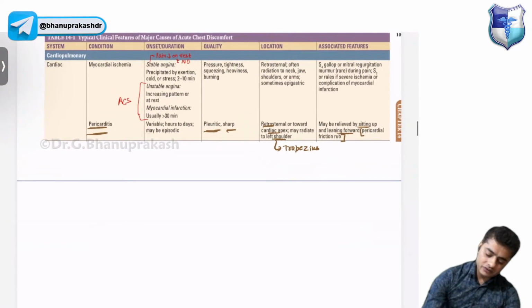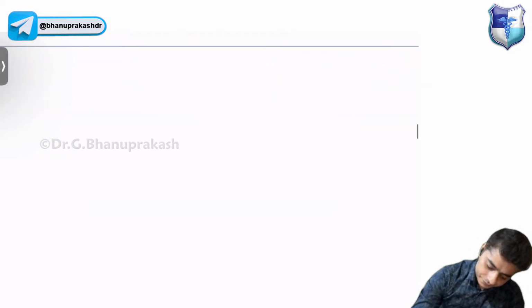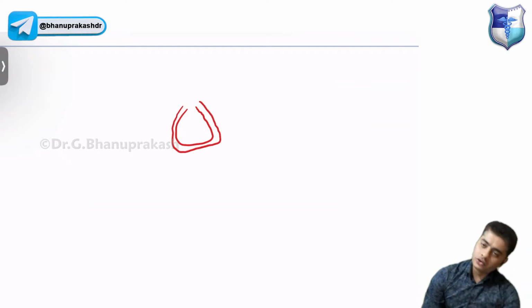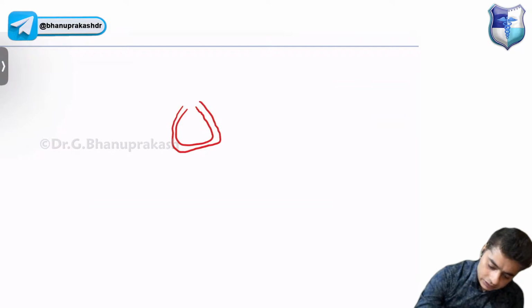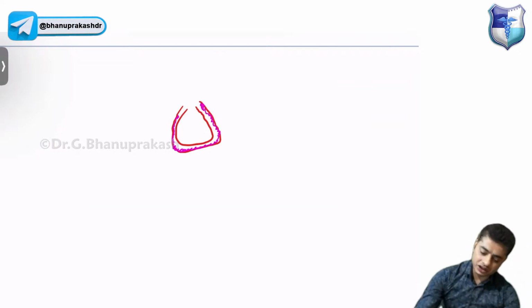So, first we will see why pericarditis has a pleuritic type of pain. Suppose this is your heart, and this is your outer layer of pericardium. Due to pericarditis, there is some fibrinous layer in between them. Due to this material, they rub against each other.